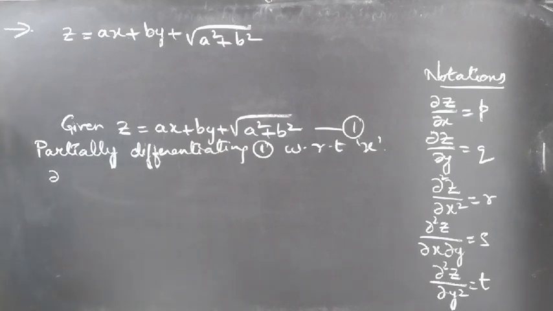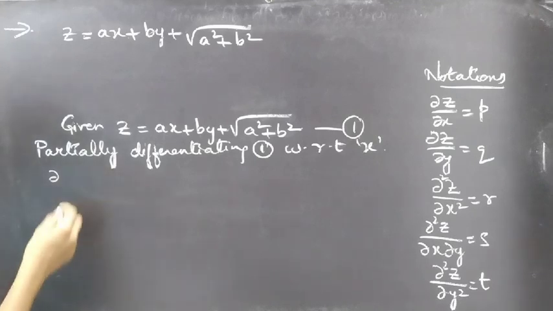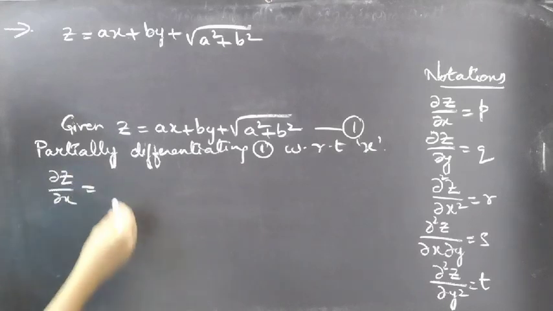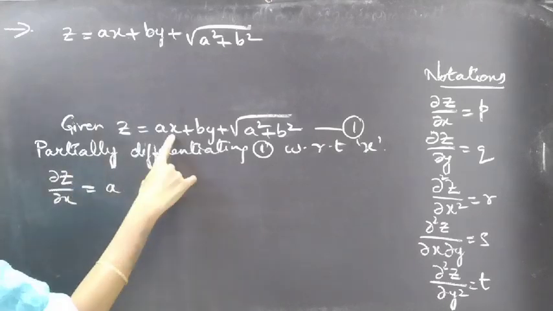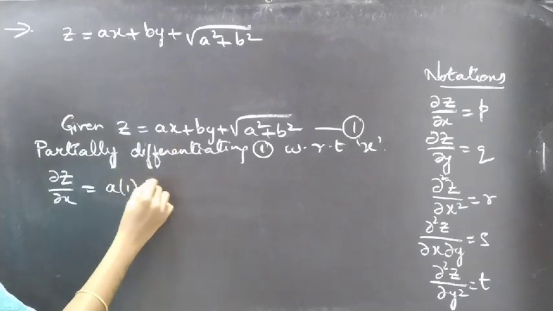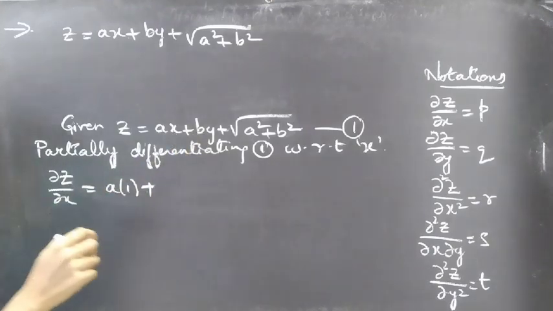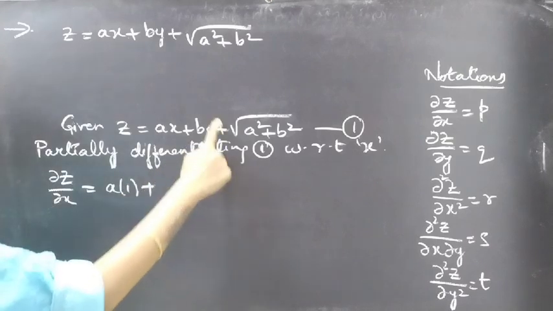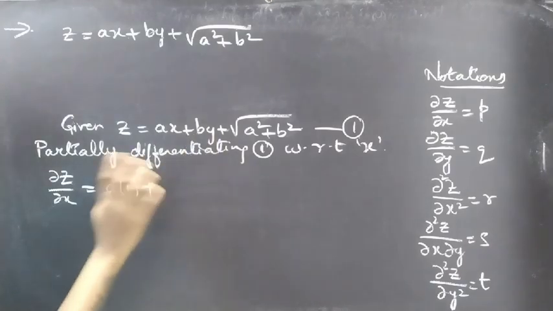Okay. So here we have to partially differentiate equation 1 with respect to x. So y will be treated as constant and z is a function of x and y. So we'll get dou z by dou x equal to a into partial derivative of x with respect to x, which is 1, plus, since we are partially differentiating with respect to x, y will be treated as constant, and here b will be treated as constant.